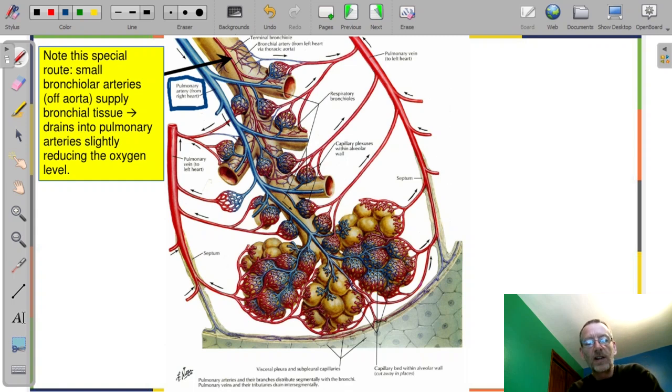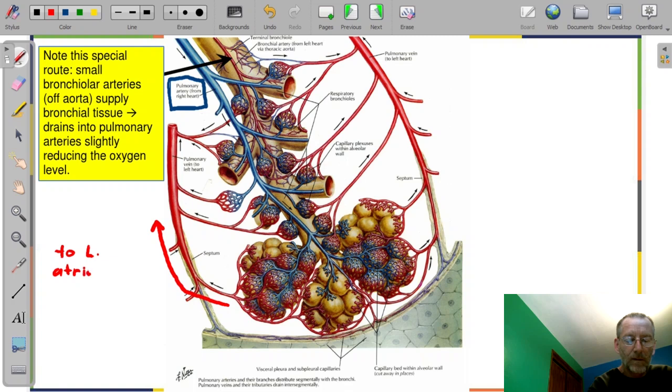They basically follow the bronchioles coming in, and they supply pulmonary capillaries, shown near the bottom. Gas exchange occurs, and then blood leaves through the pulmonary veins, which go back ultimately to the left atrium, and then to the left ventricle and back out.